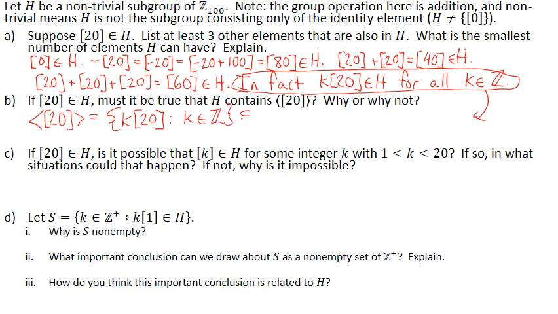And that must be a subset of H because H is closed under addition. So we can add or subtract [20] to [20] as many times as we want and still land in H.